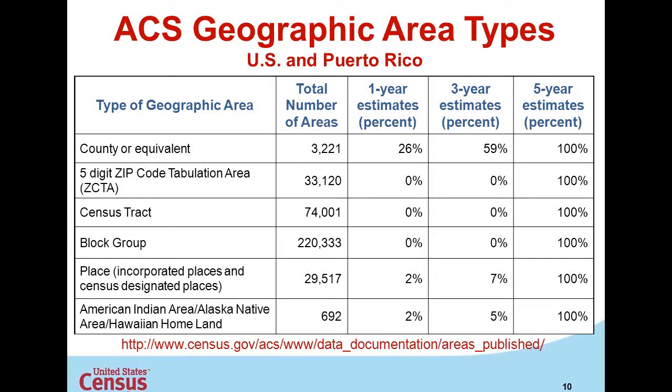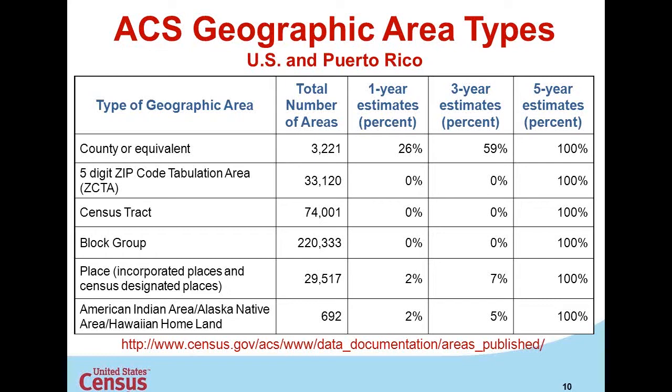For example, the first row here shows that there are a total of 3,221 counties and equivalents in the United States. 26% of those areas receive 1-year estimates from the 2011 American Community Survey. The 2009 to 2011 American Community Survey 3-year dataset contained estimates for 59% of those areas, and the 5-year dataset includes estimates for all 3,221 county and equivalent areas.